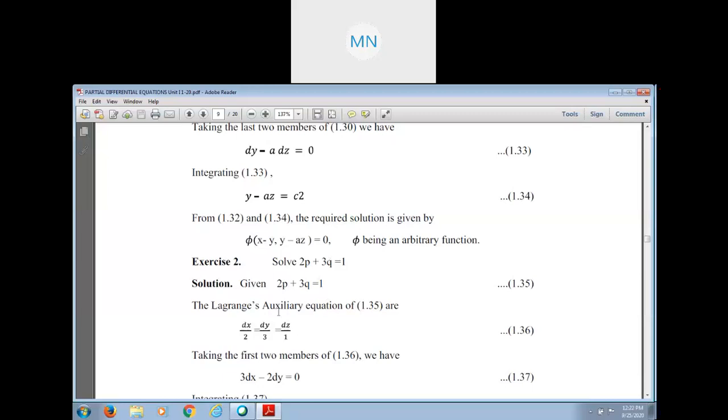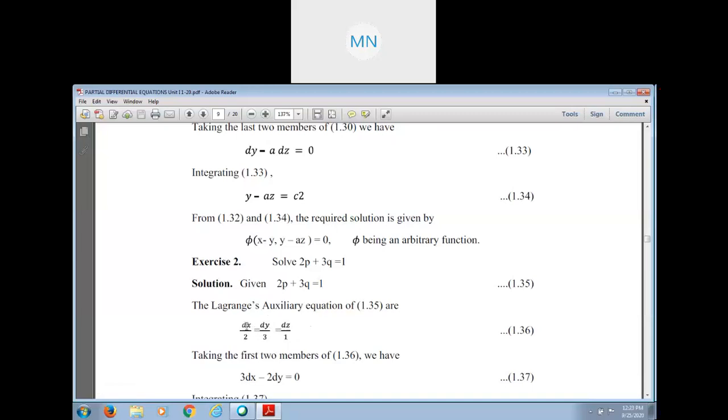So the auxiliary equation will look like dx by 2 equals dy by 3 equals dz by 1. The process is the same. Take the first two members.